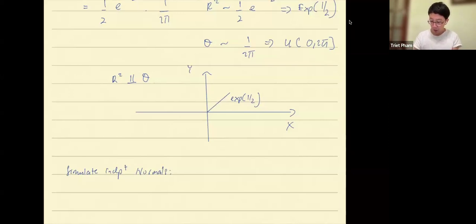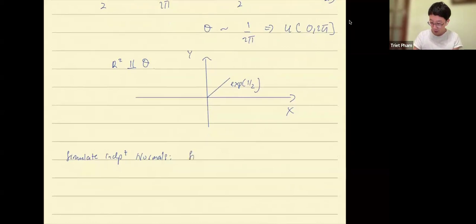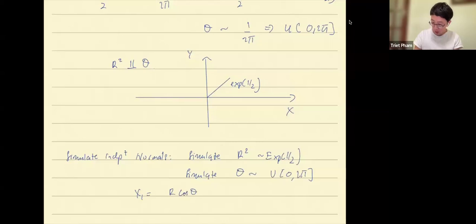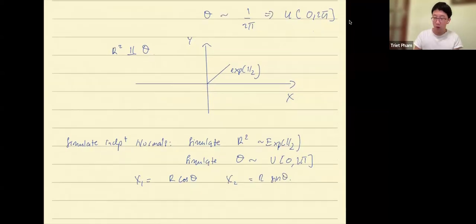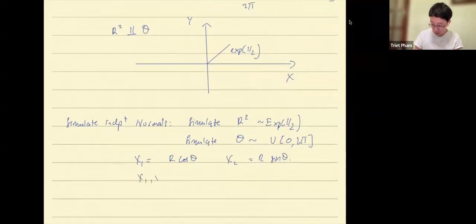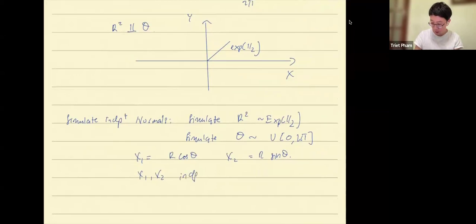So what you can do is simulate a pair. Like I said, you simulate r squared, which is exponential 1/2, and then you simulate theta, which is uniform 0 to 2 pi. Then you can define x1 as r cosine theta, and x2 as r sine theta. When you do this, you will have x1, x2 as independent standard normals.